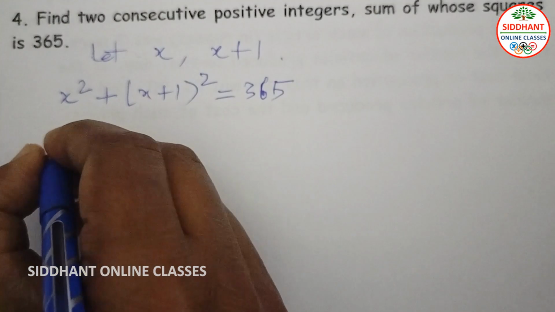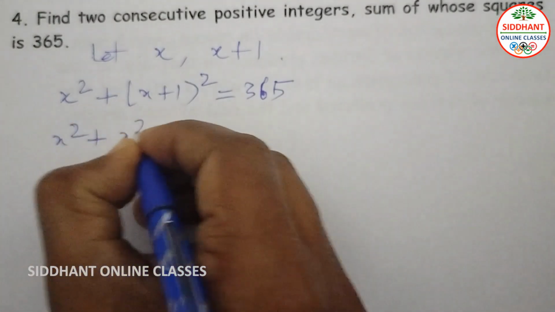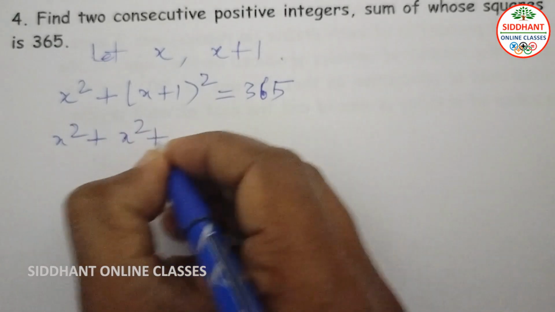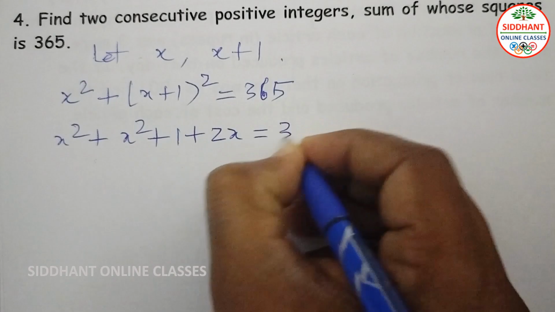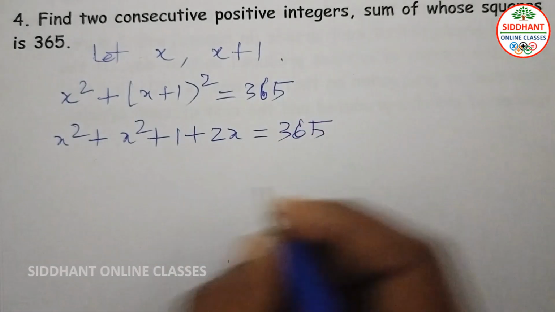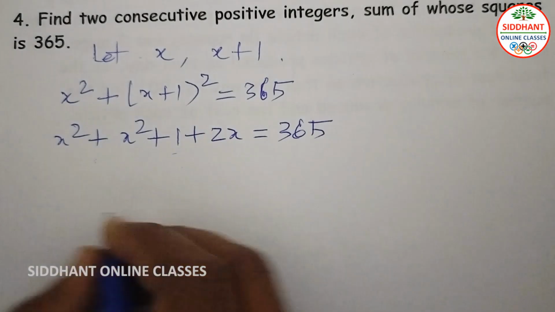So when you are going to simplify, x square plus (x plus 1) whole square, a plus b whole square, we get x square plus x square plus 1 plus 2x equal to 365.